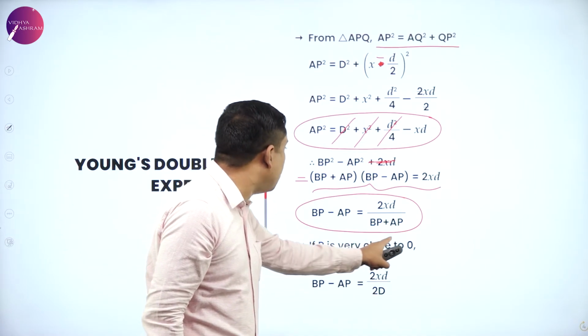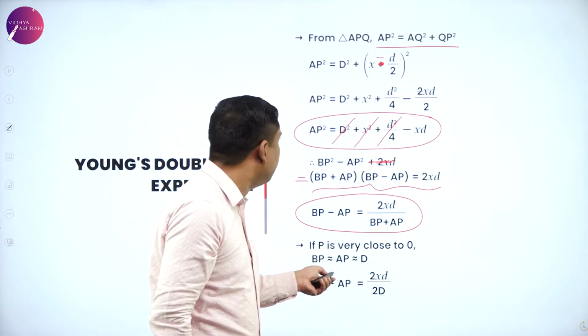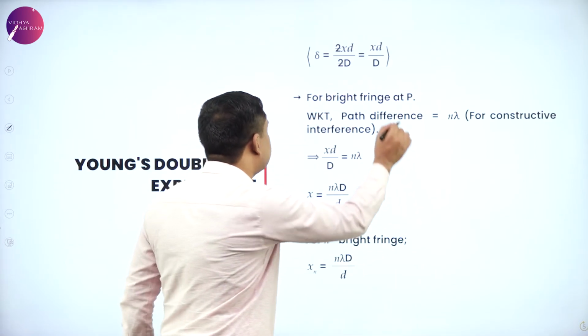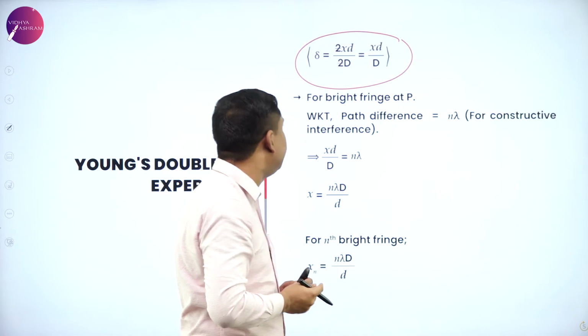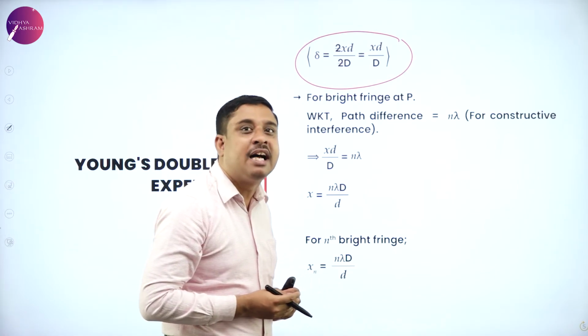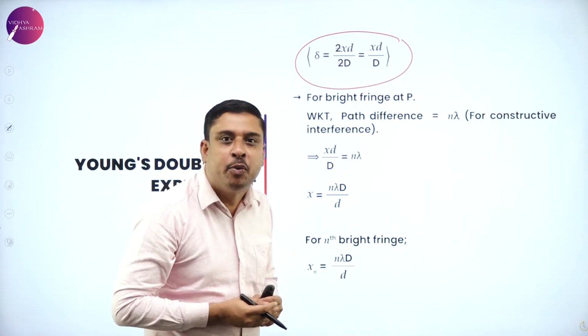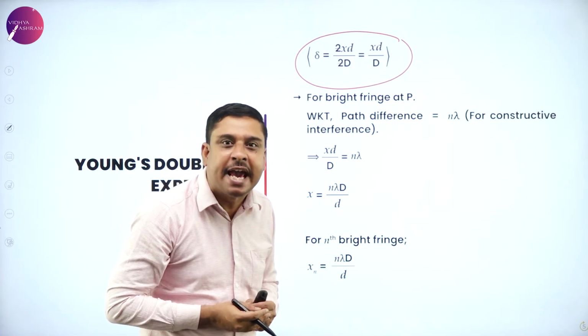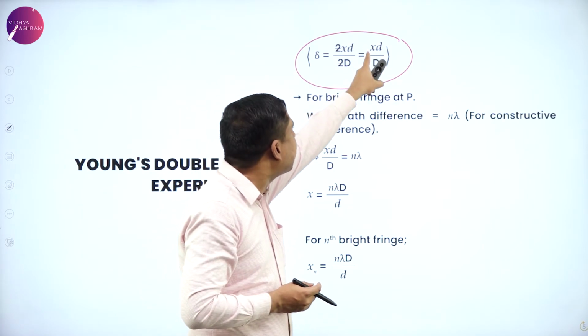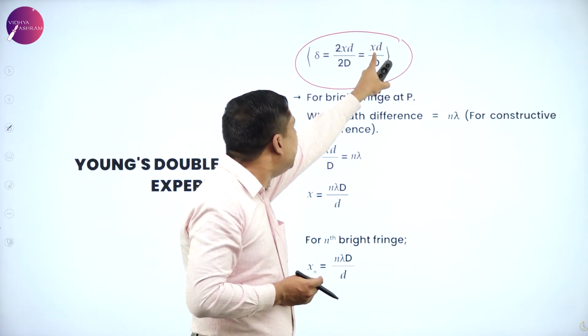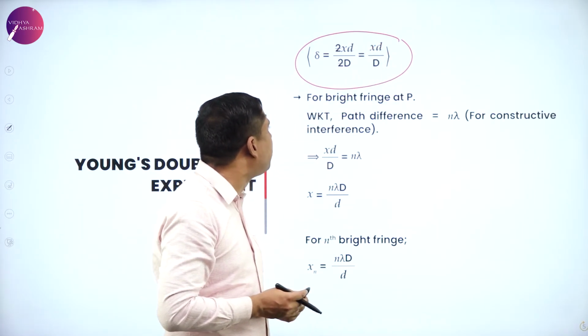Now, if P is very close to the center, we get the path difference as Xd divided by D. So the path difference between the two waves reaching the point P is X into d divided by capital D.